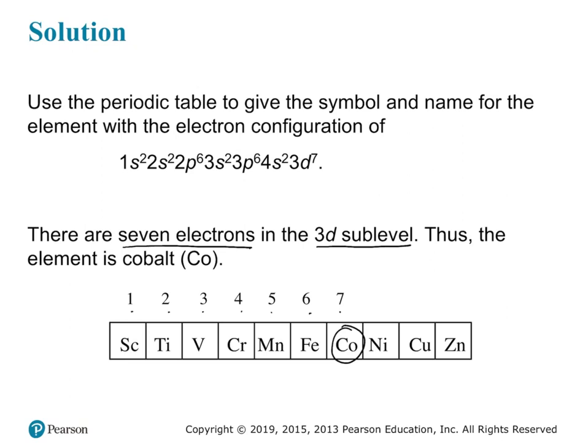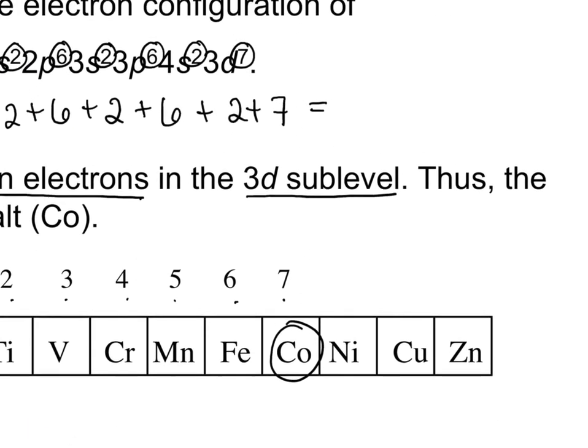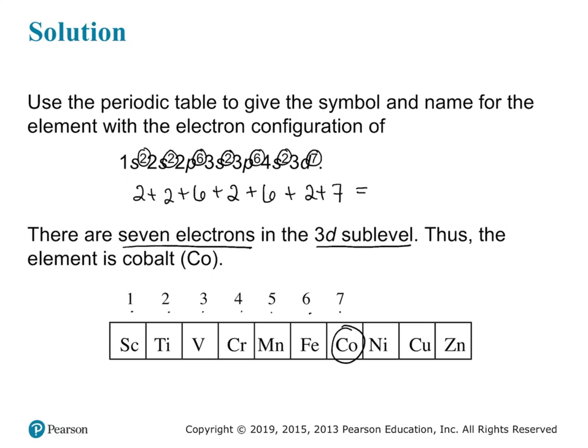Now, the other way you could have figured this out, you can just add all of the superscripts together. So we've got 2 plus 2 plus 6 plus 2 plus 6 plus 2 plus 7. So we've got 2 plus 2 is 4, plus 6 is 10, plus 2 is 12, plus 6 is 18, 20, 27.